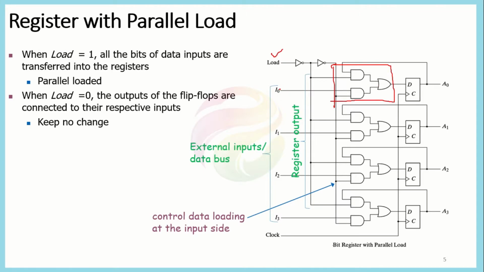One is the input from the main data bus, which is represented as I0, I1, I2 and I3, while the second input is connected from the main output of the same flip-flop. So by appropriately selecting the value of load, we could either retain the value of the current state, or we could select the value from the external input.